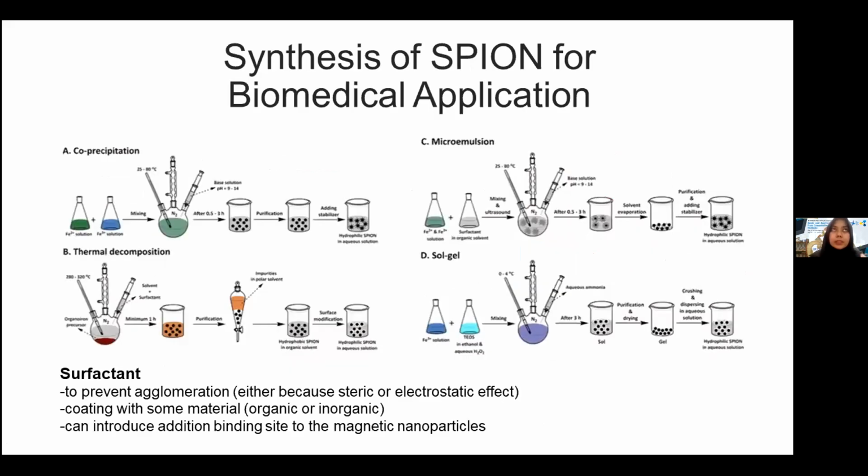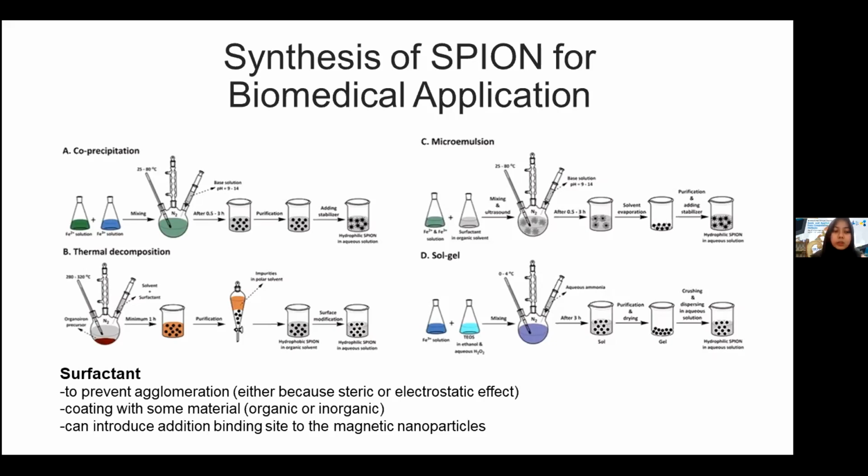The common biomedical application that has many discussions is SPIONs, superparamagnetic iron oxide nanoparticles. And the synthesis of these SPIONs can be conducted with several methods like co-precipitation, thermal decomposition, microemulsion, or sol-gel.